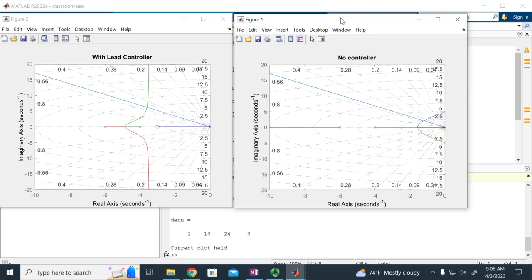I thought at the beginning I did not set the same axis size, but they are the same axis size. So this is without a compensator. We were operating at this point here. Now with the compensator, we added a zero such that now I'm operating at this point here. Make sense?